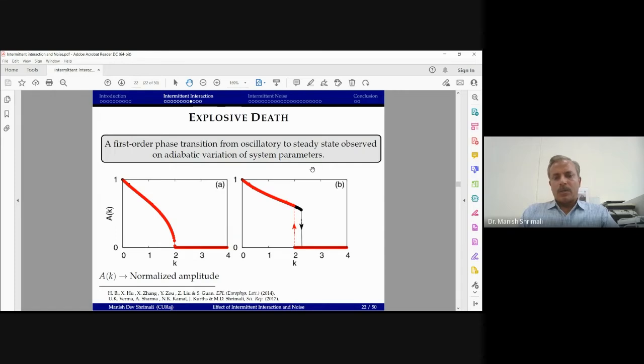Because there is a first order transition observed in this spatial interaction, we have further studied this transition to explosive death, which is a first order phase transition from oscillator to steady state, in an adiabatic manner. So here, this is one example of this second order transition where on the y-axis, the amplitude of the oscillator is plotted as a function of the coupling strength, and you can see that it is continuously going to 0, and on the other side there is a sudden jump and a hysteresis loop is observed near the transition region.